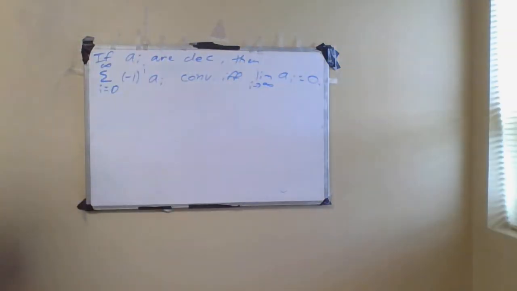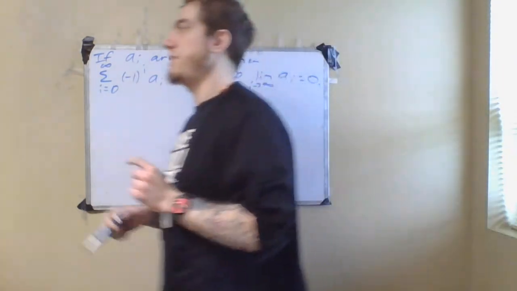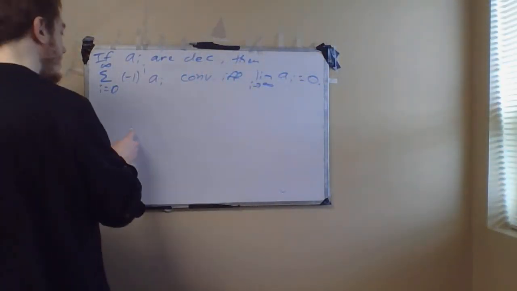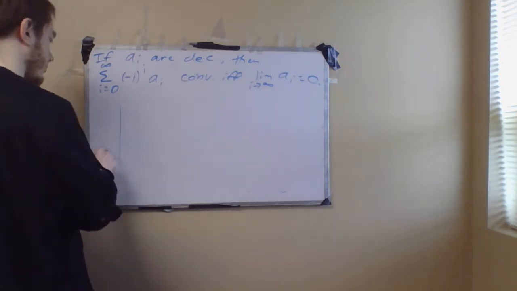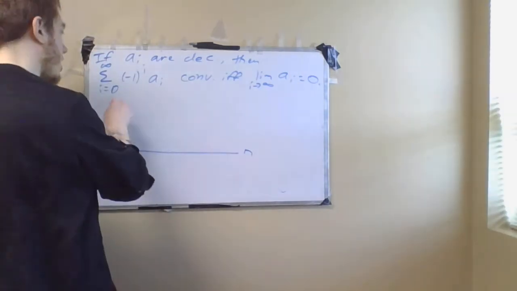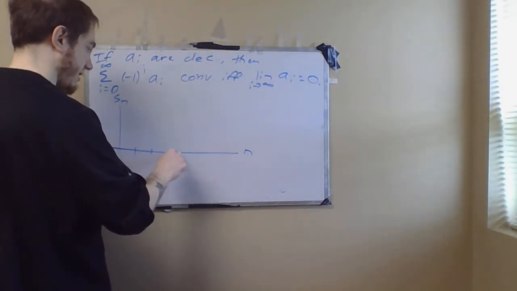Now, the proof of this fact is not too difficult to understand intuitively. Let's think about the partial sums. So we're going to list off the partial sums here for S n.